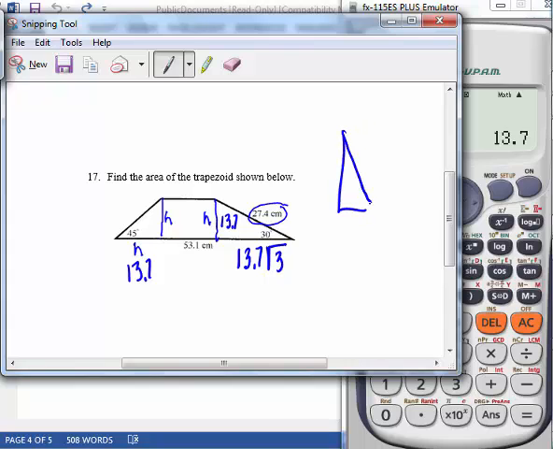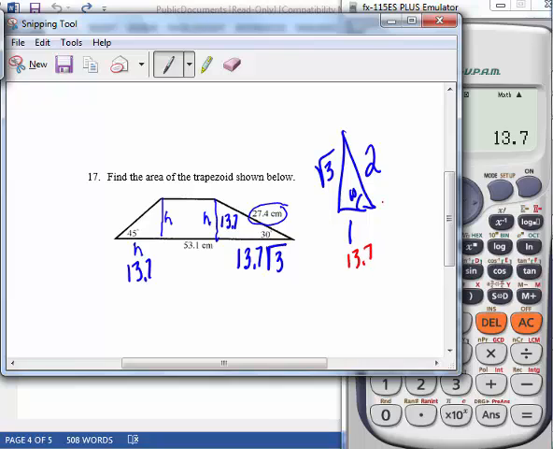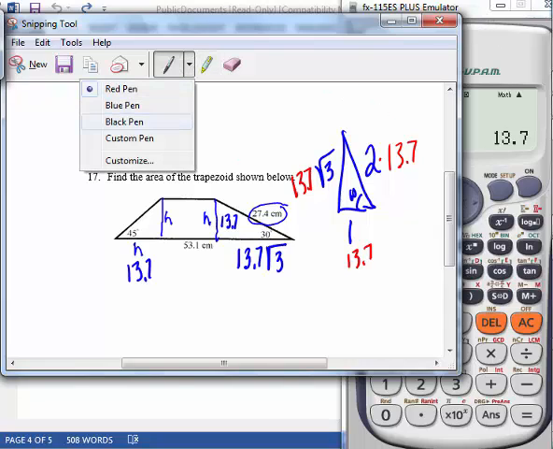And we need to find this distance here, which is 13.7 square root of 3, because in a 30, 60, 90 triangle, if this is 60 degrees here, this is 1, this is 2, this is a square root of 3, or in our case, this is 13.7, this is 2 times 13.7, and this is 13.7 times the root of 3. We need those so that we can calculate what this length here is.